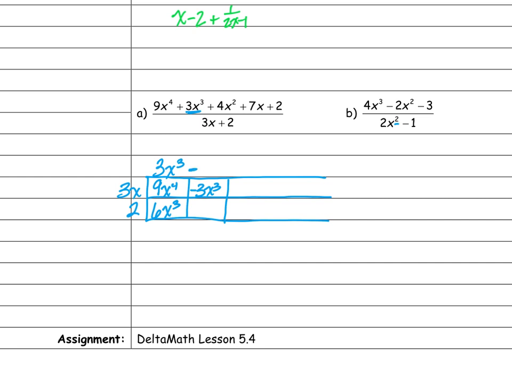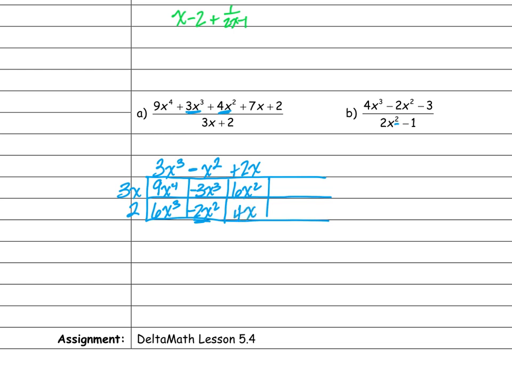That would be negative x squared, so that would be negative 2x squared. What do I add to negative 2x squared to get 4x squared? 6x squared. And that would be plus 2x. And 2x times 2 is 4x.